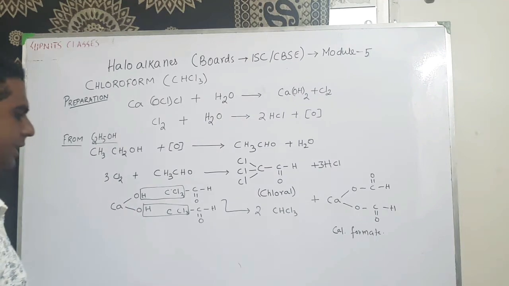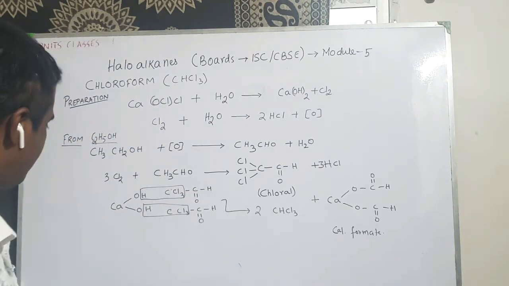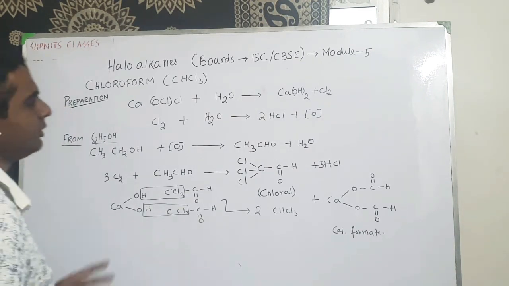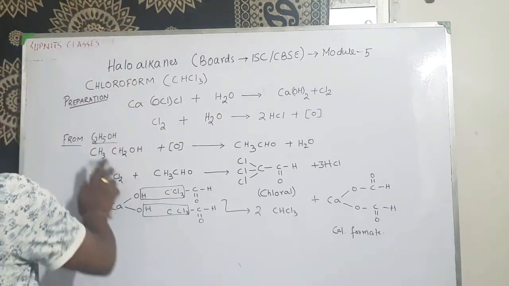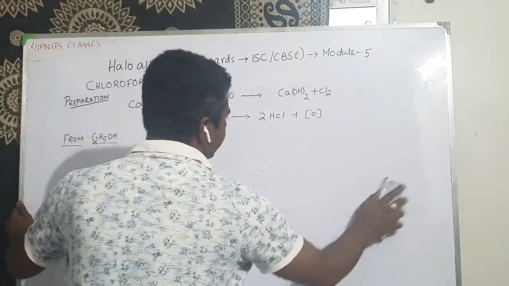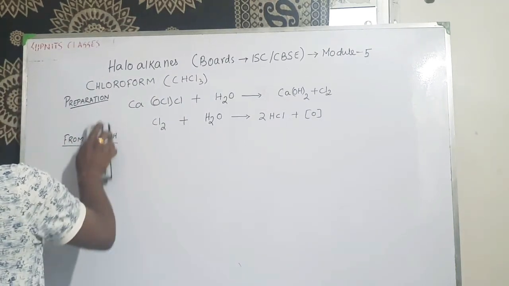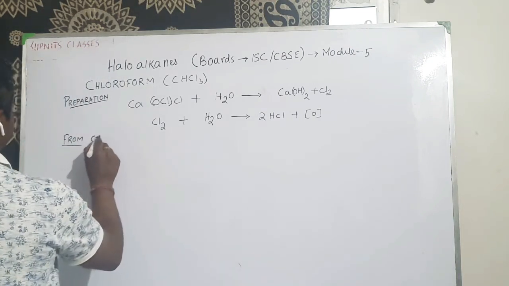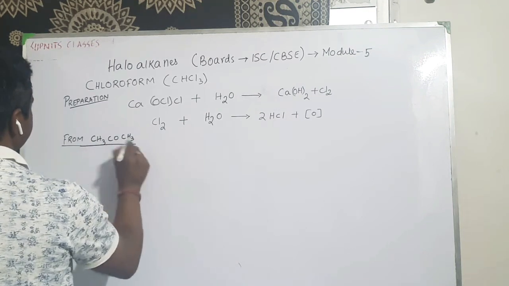Okay, our next reaction will be from acetone. This was ethanol, now I will be doing acetone. I hope you have understood how to do these reactions, and you have to do this in your board exams also. We'll start acetone right now. Okay, so now CH3COCH3, that is acetone.